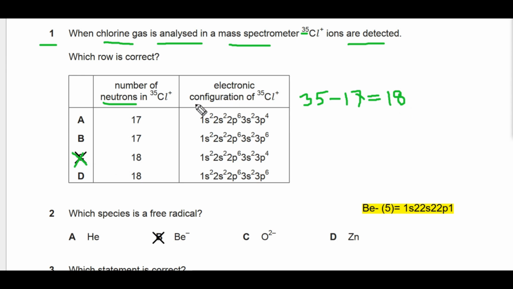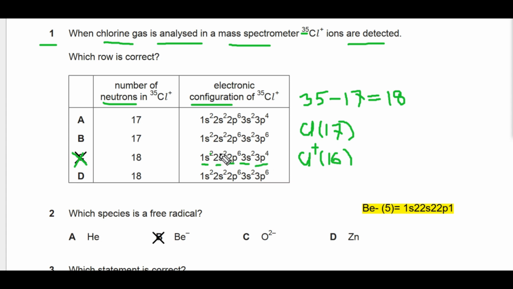But the electronic configuration of Cl+: chlorine has 17 electrons, so Cl+ means 1 electron less, 16 electrons. Now you see 1s2, 2s2, 2p6, 3s2, 3p4.